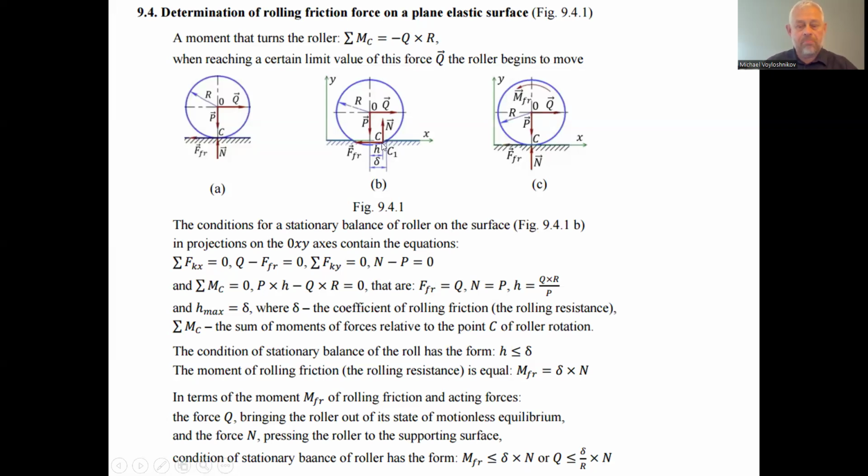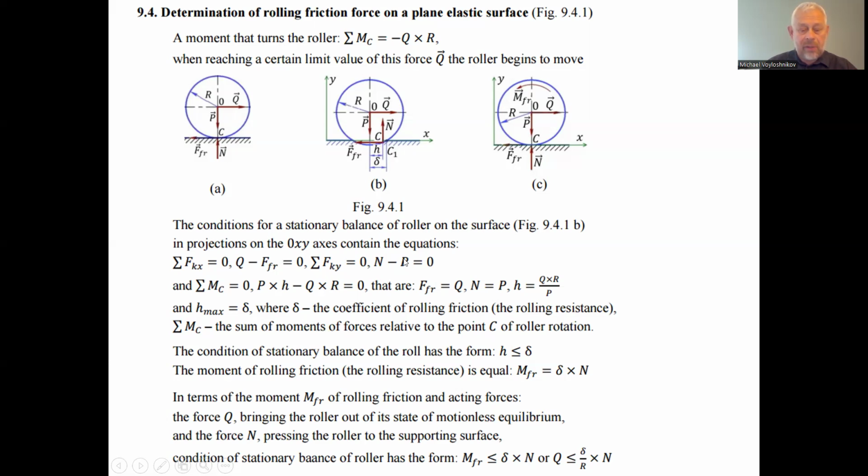But if we have the deformation of the surface, due to the rotation of the roller when rolling, the point of the application of the support reaction N moves in the direction of the rolling of the roller. So it moves for a definite magnitude, as arm h. We have the friction force applied at the same point C. This is the point of the support when the roll is rolling.